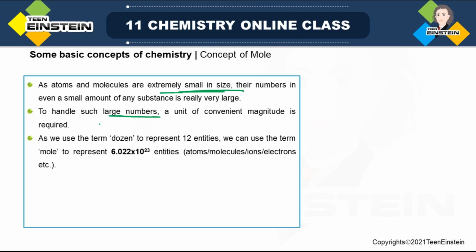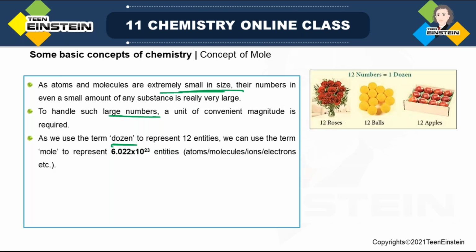Now simply take dozen: when we represent any quantity, it means the number 12. If I say 1 dozen roses, it always means 12 roses. 1 dozen balls, 12 balls, 1 dozen apples, 12 apples, right?